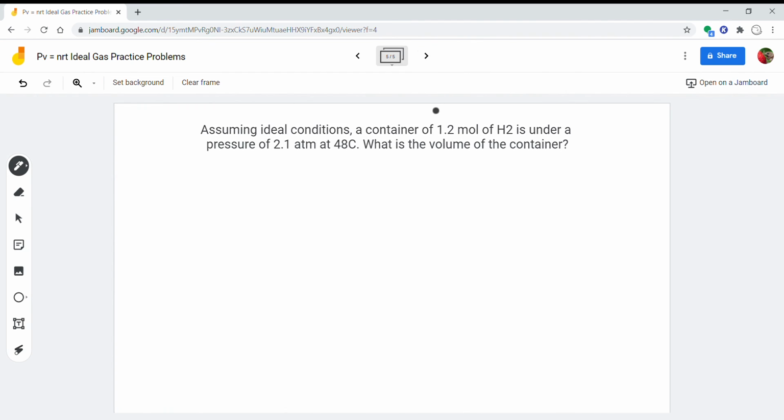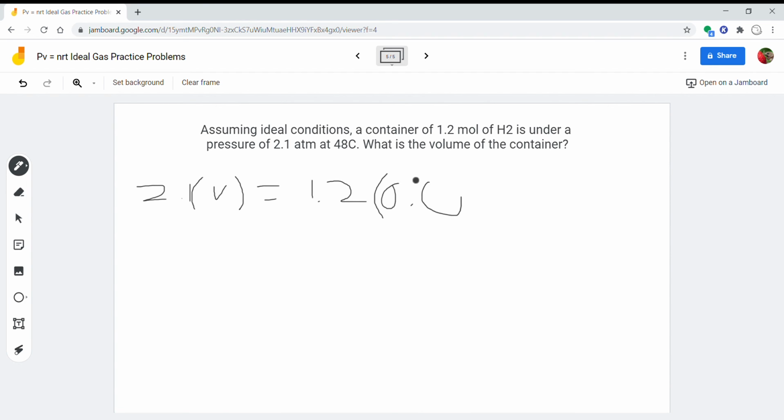Last problem for today. Assuming ideal conditions, a container of 1.2 moles of H2 is under a pressure of 2.1 atm at 48 degrees Celsius. What is the volume of the container? All right, so we have 2.1 atm pressure, volume is what we're trying to solve for, 1.2 moles.